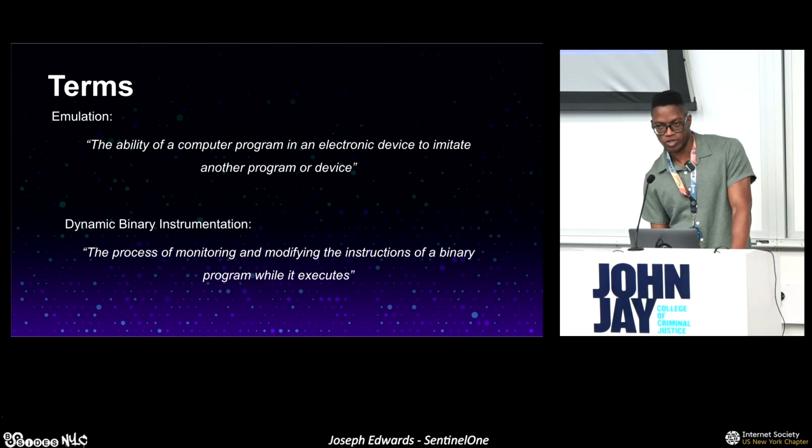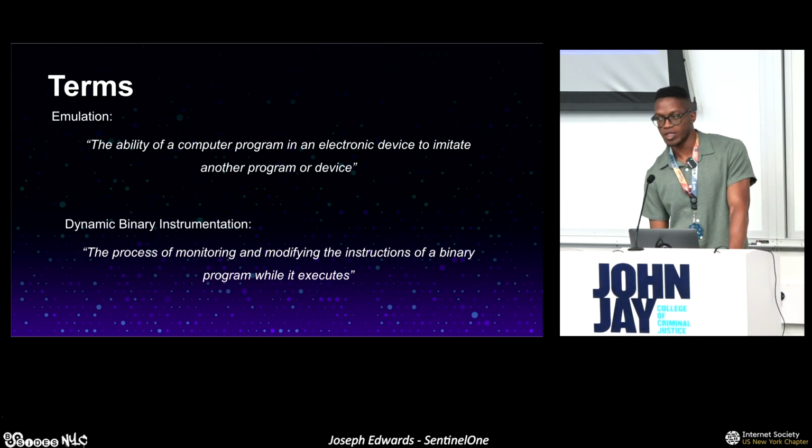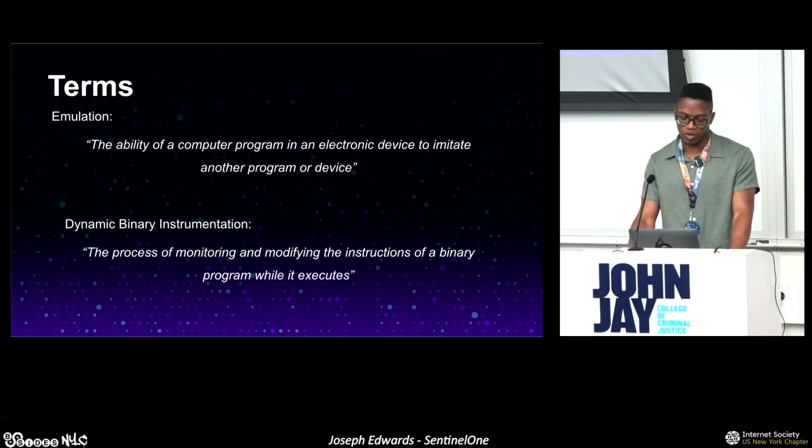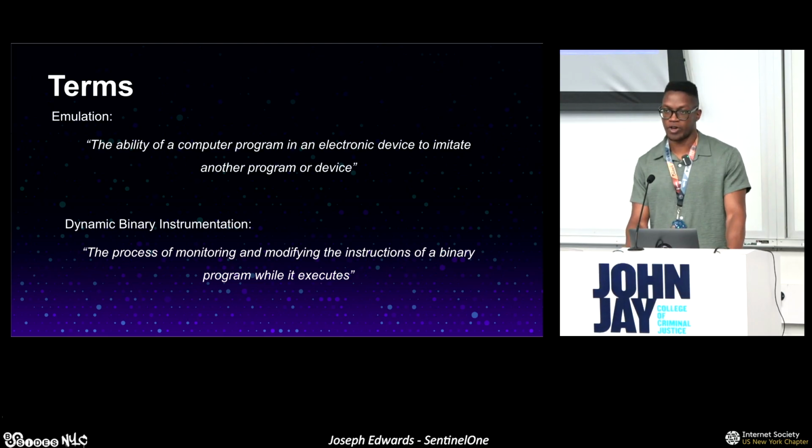So emulation or emulators: you might be familiar with this term from games, emulating video game systems on your PC or another device. It's basically the ability to imitate another program or device. There are different types of emulation we're going to be talking about, but basically we want to fake there being an operating system.